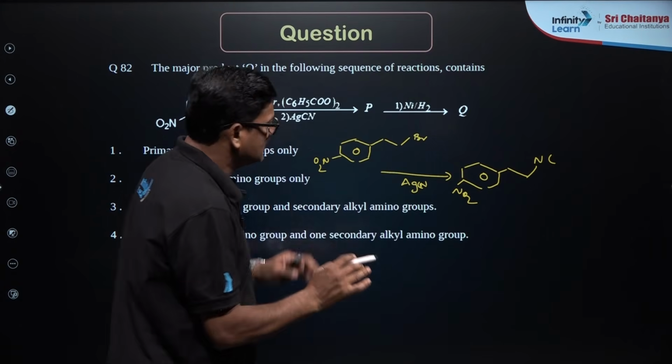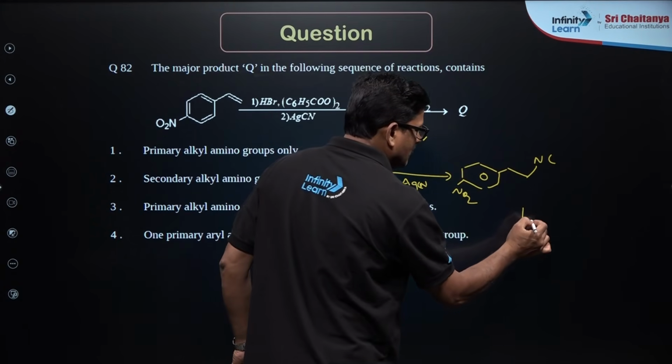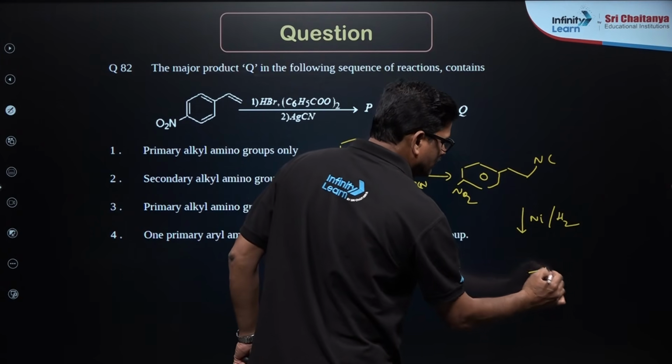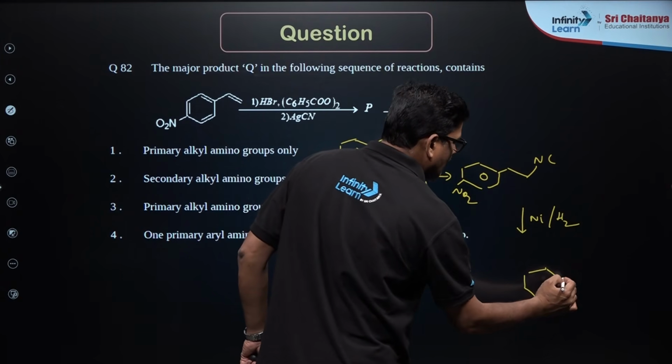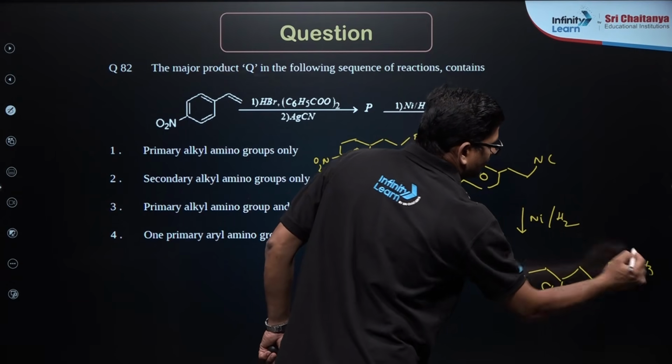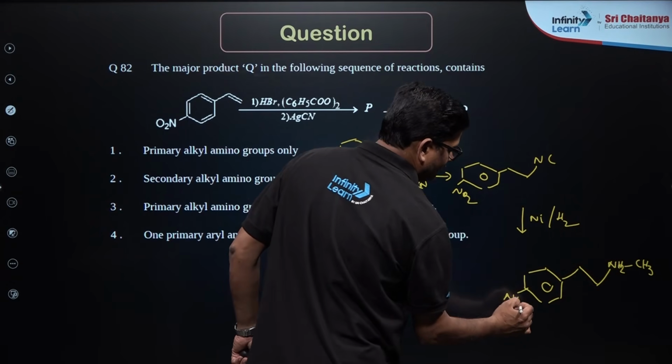And this is subjected to reduction, nickel and hydrogen. You are going to get the product NHCH3 and NO2.